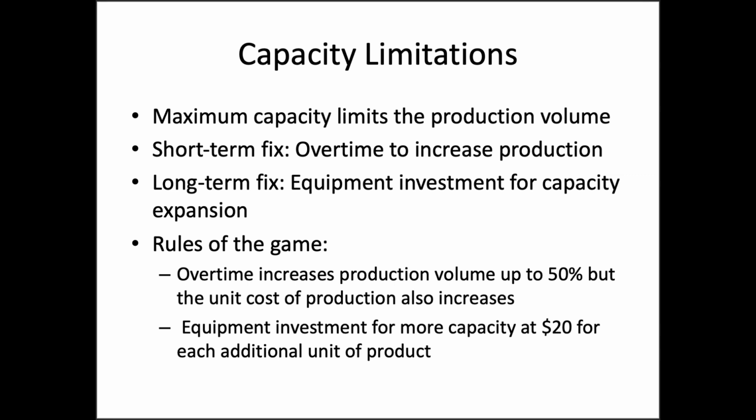If the production volume forecast consistently exceeds the limit, a long-term fix is to go for capacity expansion by investing in additional production equipment. In the business simulation game, there are rules to help you with your decisions.